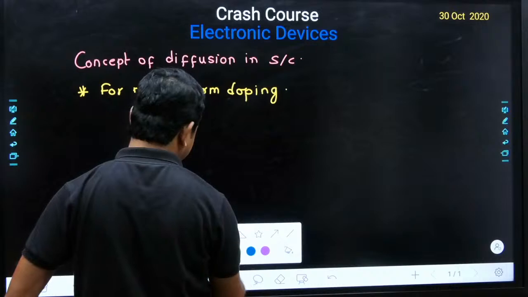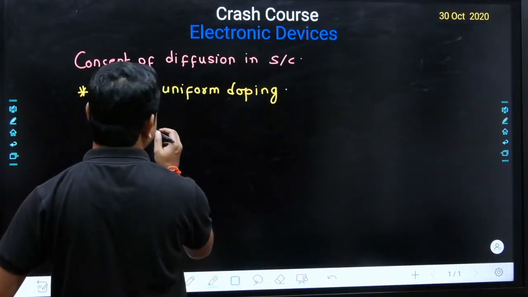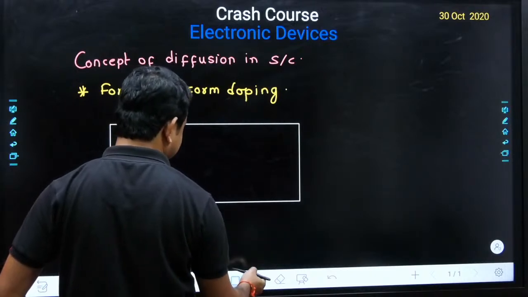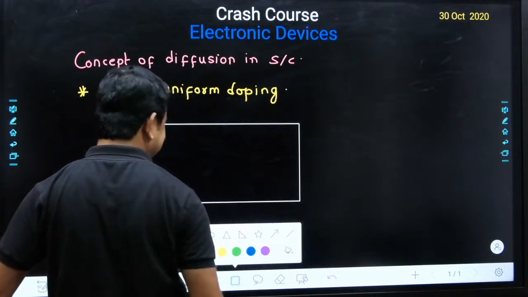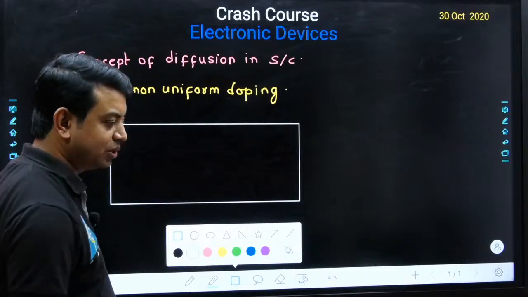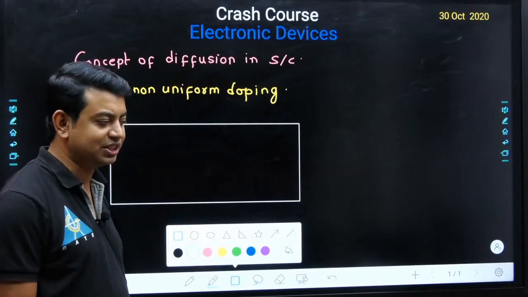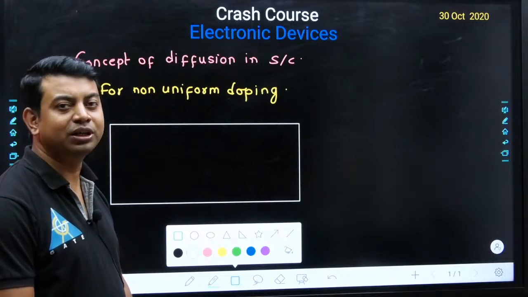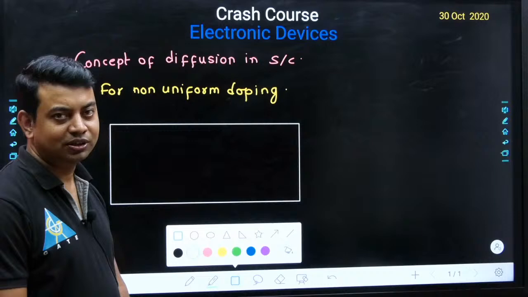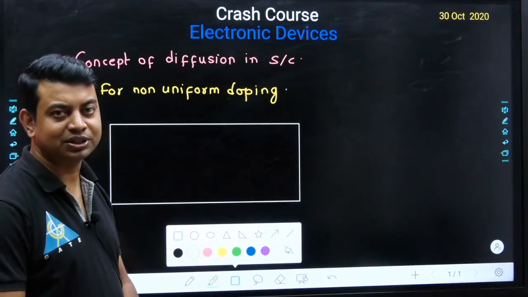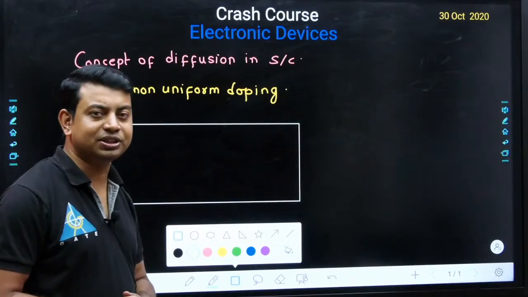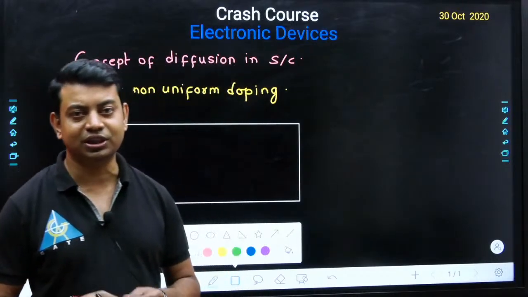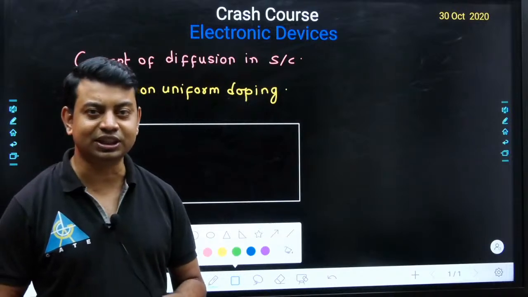If the doping concentration in a semiconductor is different at different positions, or if with respect to distance the concentration is changing, then we can say that there exists a movement of charge carriers from higher concentration to lower concentration.